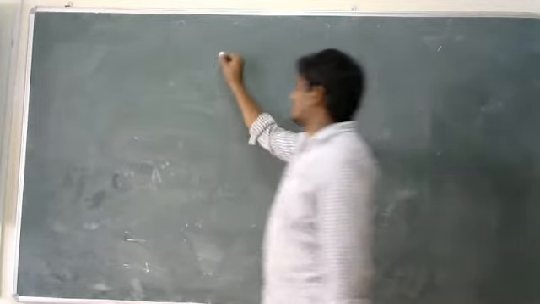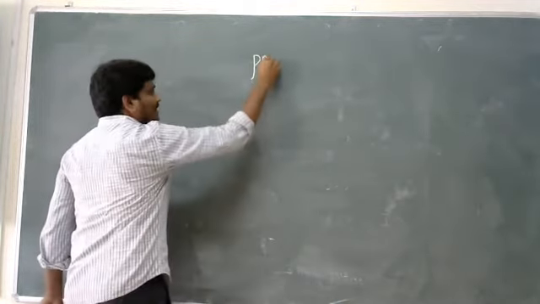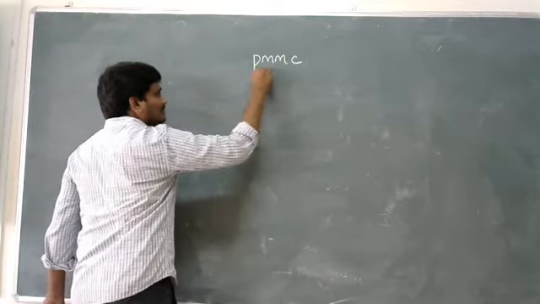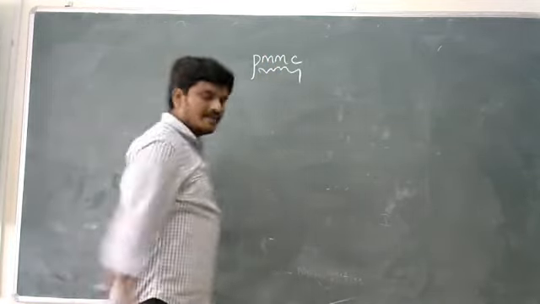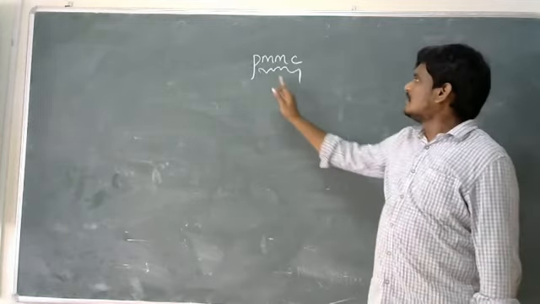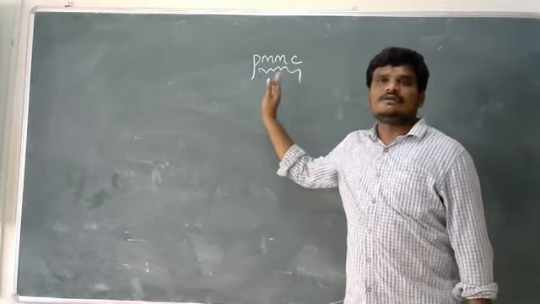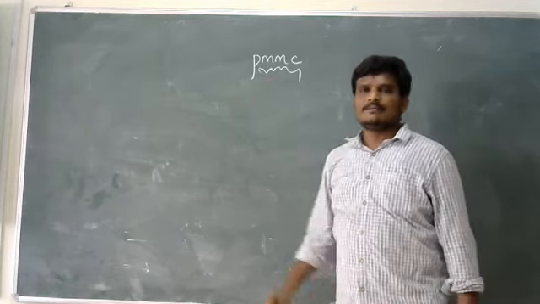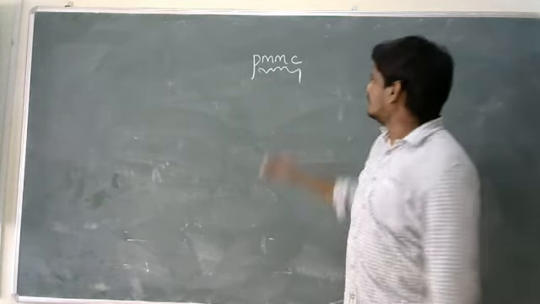Now we will enter into the next topic, regarding the MC instrument, considered as PMMC, which is abbreviated as permanent magnet moving coil instrument.